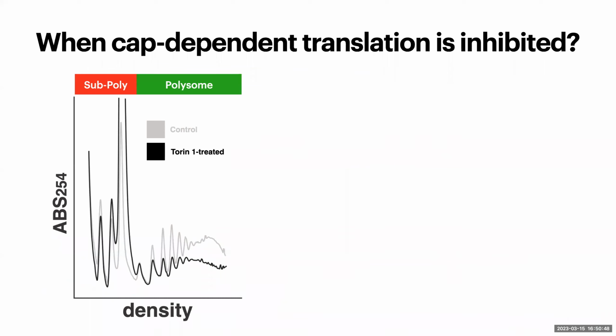To measure translation functions of 5' sequences under conditions where cap-dependent translation is inhibited, we again ran cell extracts over sucrose gradients after treating those cells with the mTOR inhibitor TORN1. And you can see, as expected, a strong depletion of polysomes and a strong increase in subpolysomal ribosomes.